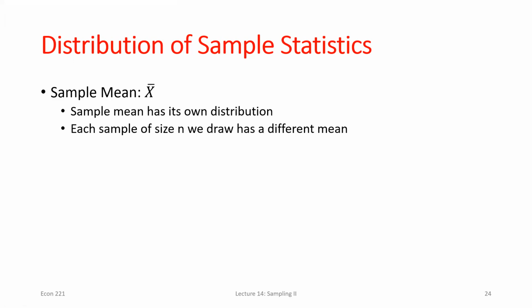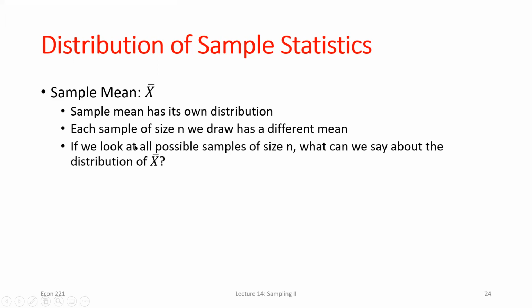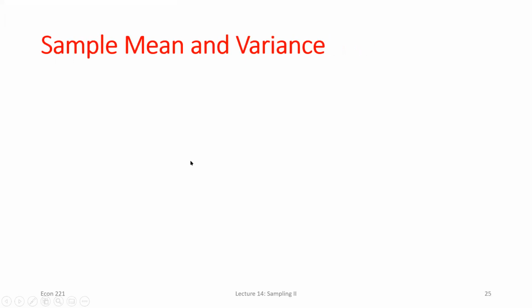But with 100 people, how likely is it that I see 200,000 as the mean? Even if I get 1 or 2 people with really high incomes, that gets averaged out when I have a larger sample size. So taking samples of different sizes will also influence this distribution, and we'll talk about how in just a second. This distribution is going to look different for samples of different size.